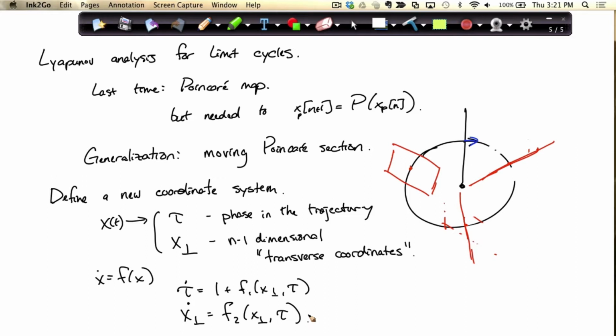It's just a new coordinate system, but I'll choose a coordinate system that moves along the trajectory like this, where one of the dimensions is exactly on the trajectory, and the other coordinates don't actually have to be orthogonal. They just have to be linearly independent from the velocity vector at that point, the flow vector at that point.